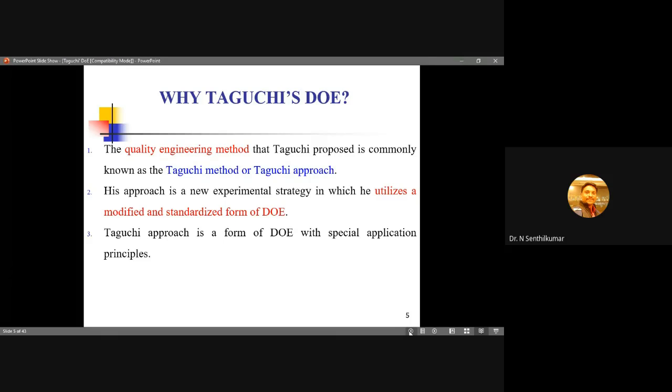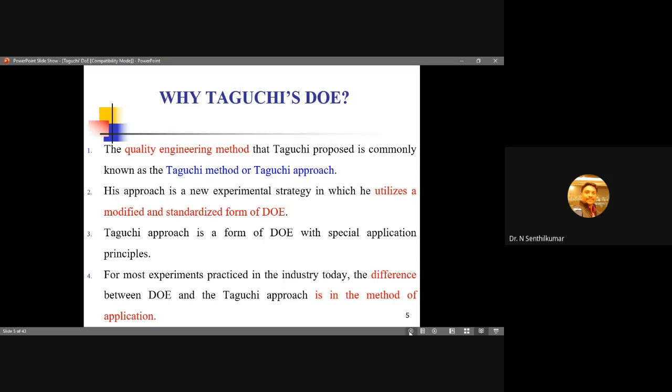So Taguchi's DOE will have some special application principles also. The difference between the DOE and Taguchi's DOE is the method of application. As we have seen, general DOE is only the designing part of experiments. It doesn't have anything about the analysis section.